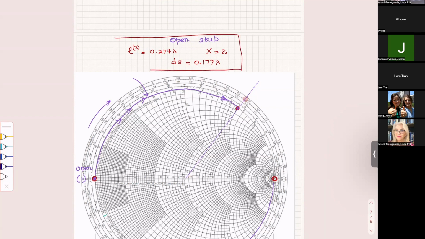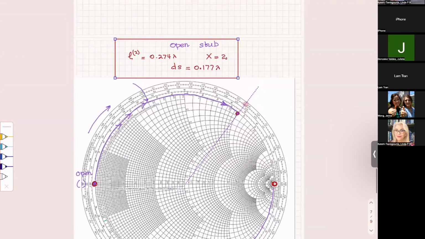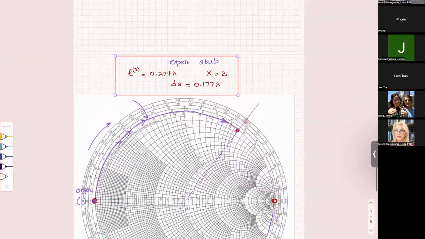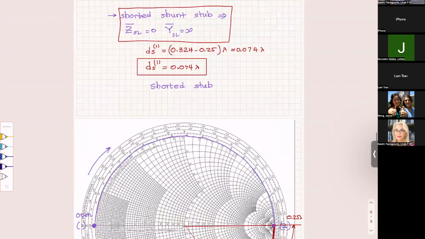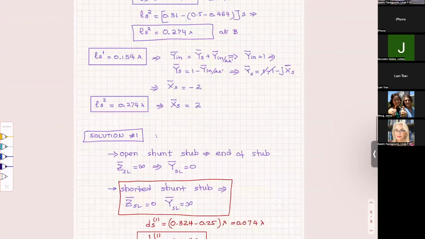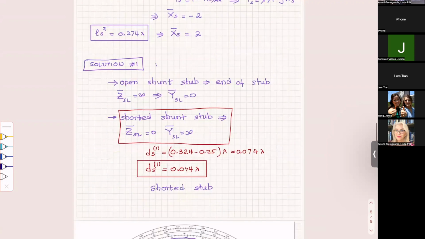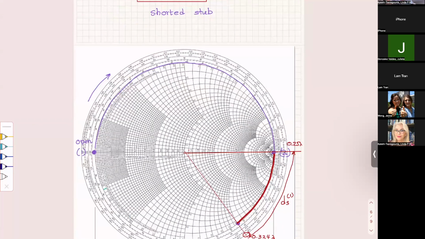So these are the two possible solutions. For the open-ended stub, we have this. For the shorted shunt stub, we have this. Okay, and then practically from there, you can find the physical lengths.